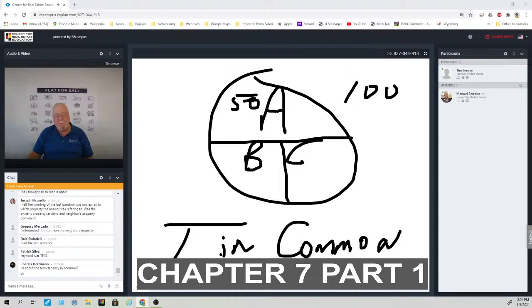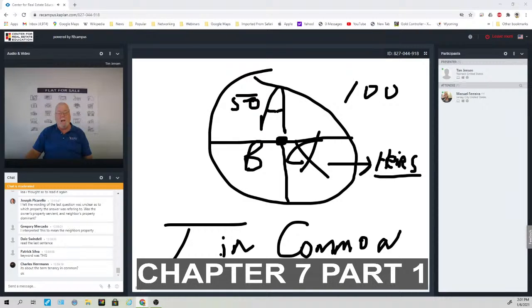What? Tenants in common. What does that mean? It means that there's more than one owner and they all own the same property together as common owner interests, but if one dies, then C, let's say C dies, his heirs get his share.